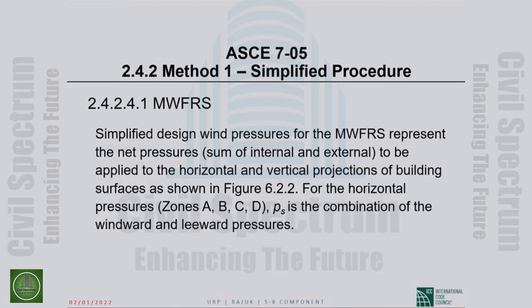On the roof, it would be the net sum of internal and external pressure. What is said here is very, very important, and I hope you are following. So horizontal, it is all you apply on the building: the sum of the pressure on the windward face and the suction on the leeward face. The internal pressure doesn't count, it cancels out. But for the roof, it is the external suction minus the internal pressure or suction.